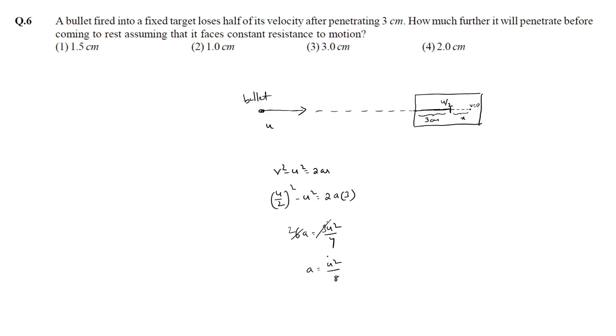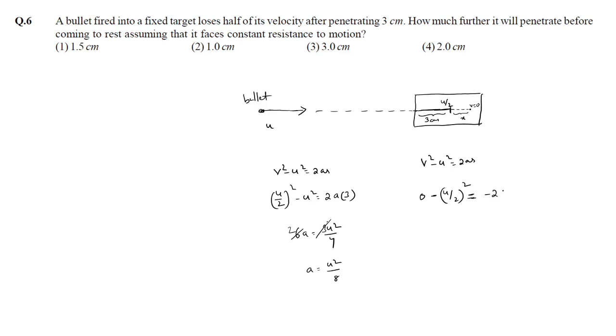Now how much distance is it going to penetrate further, when its final velocity becomes 0? That means the bullet is just coming to rest. Again the same formula, v square minus u square is equal to 2as. The final velocity is 0, and minus u square, where u is the initial velocity at that point after covering a 3 centimeter distance inside the block, and here its acceleration is now reducing.